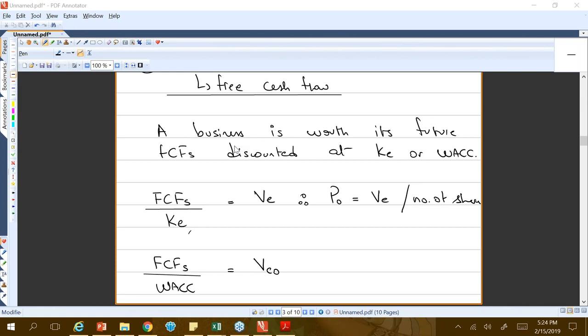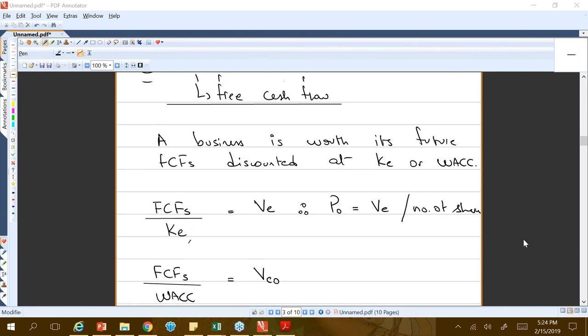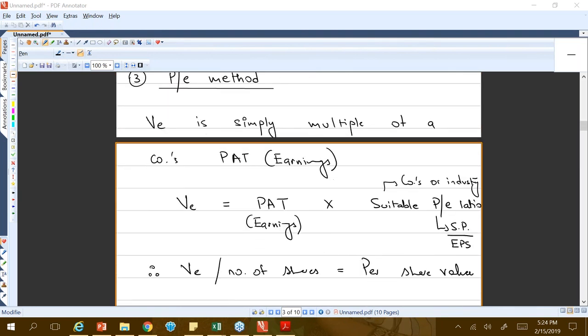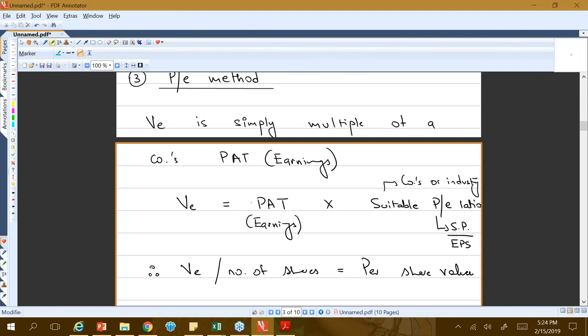Next thing, could you repeat the P0 with EPS and suitable PE ratio? Yes, we can just go back to the PE ratio a little. So to find the value of equity, we simply take the profit after tax into a suitable PE ratio.